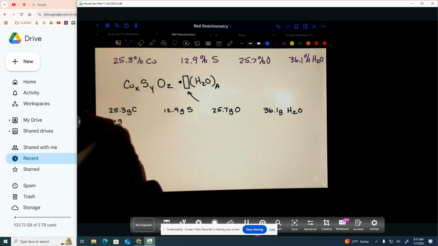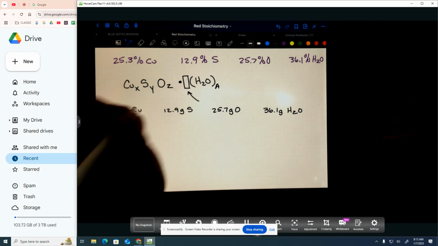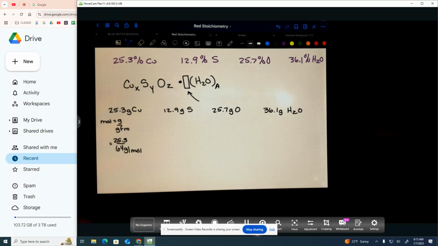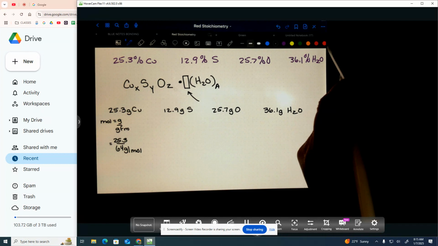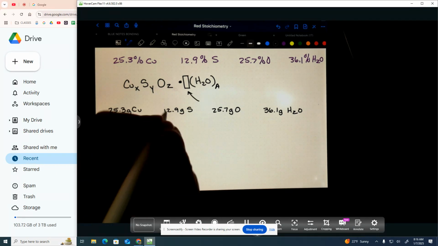Moles equals grams over gram formula mass. 25.3 over, what's the gram formula mass of copper? Yeah, 64, right? Okay, 64 grams per mole. What's 25 divided by 64? 0.39, 0.4? 0.4 moles. Okay.